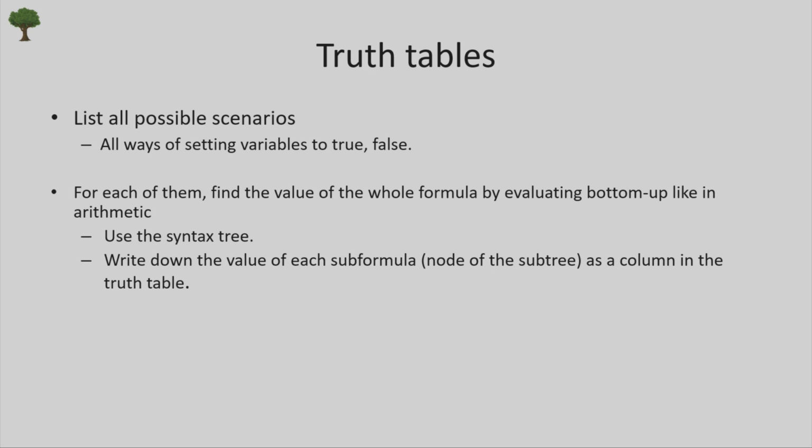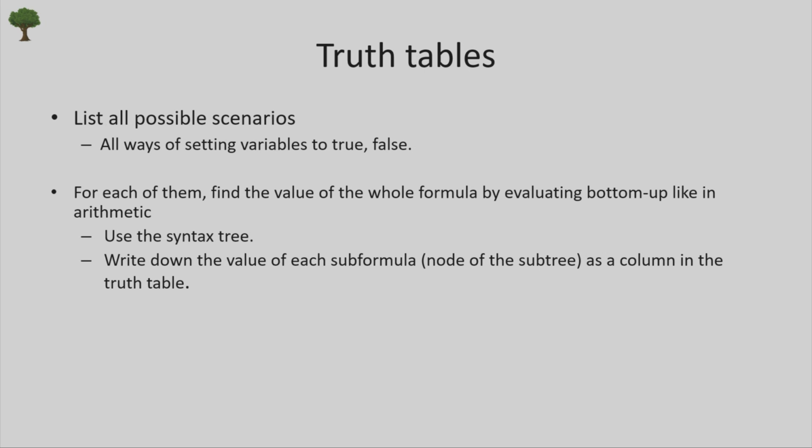So in general, what's a truth table? It's just a table, like we just saw, which lists all possible scenarios, that is, all possible combinations of values of the propositions involved in the formula. And after that, once we have all the possible scenarios, we would take the syntax tree and start from the bottom, because we know what A and B and C and whatever other variables we have are in each scenario.